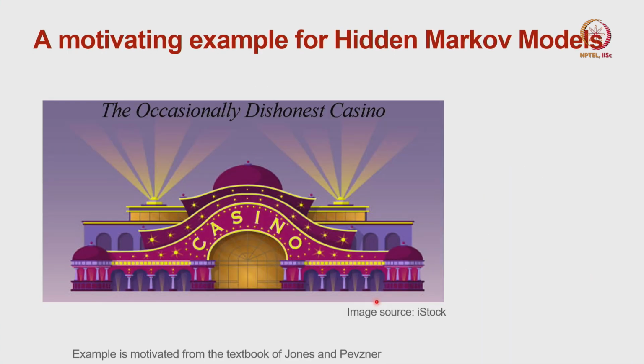So now let us start with a motivating example for hidden Markov models, and this is popularly known as the occasionally dishonest casino. This is a famous example that is typically considered for describing the purpose of HMMs.